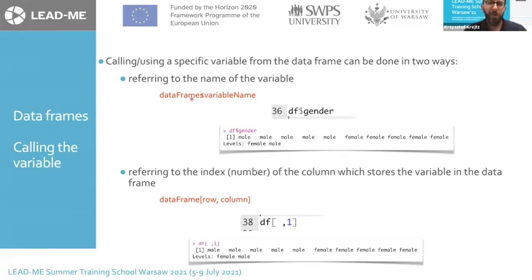First option, you give the name of your data frame, like here, df, and after a dollar sign, you give the name of your variable. So for example, I want to display the values of gender in my data frame. I type in the R console df dollar gender, so I refer to the df data frame, then dollar gender, and it displays all the values of my gender variable.